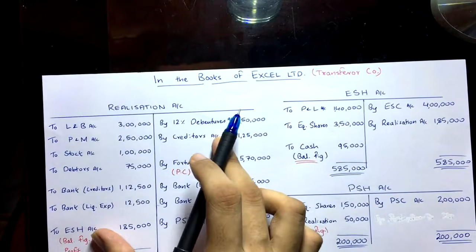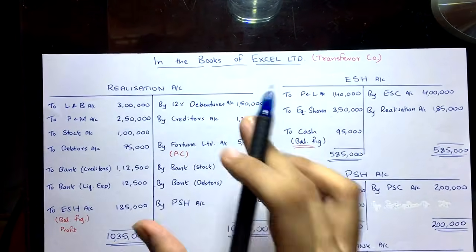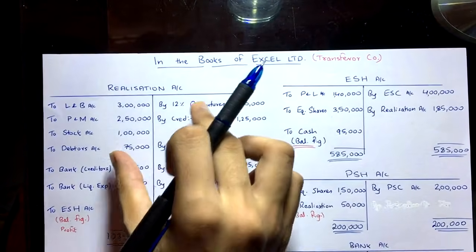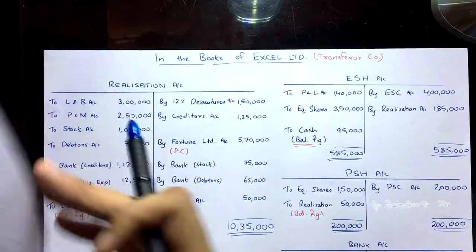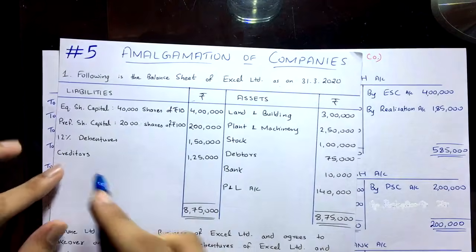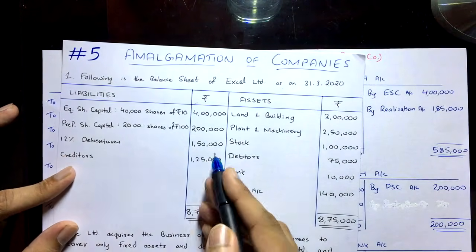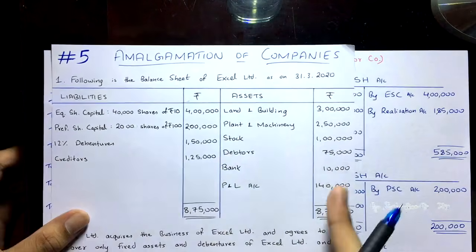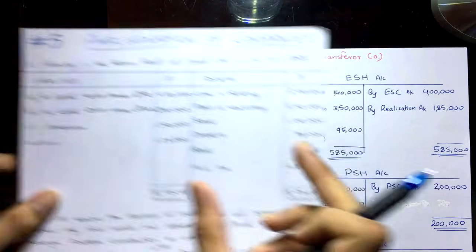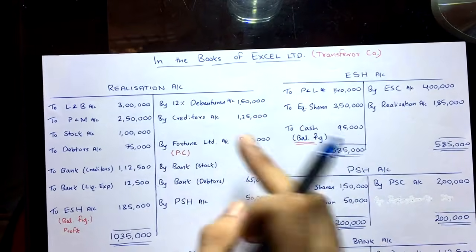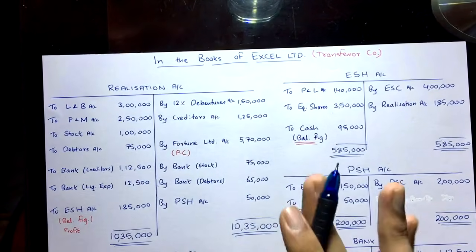In the realization account, all the assets, all the liabilities, dump everything here, whether taken over or not taken over. So here only debentures are taken, but still we are going to dump both the liabilities at the book values, 150 and 125, on the opposite side. See here, it will come here. Debentures, creditors, 150, 125 book values. Simple.